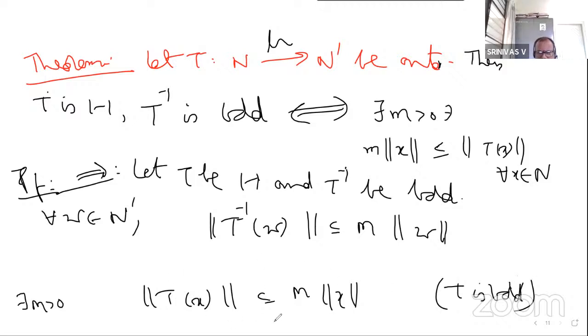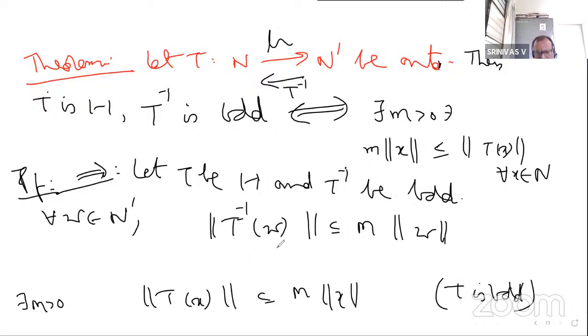You convert this in terms of T inverse. Where does T inverse act? It acts on W because T inverse acts on N dash. T maps N onto N dash, and T inverse takes N dash into N. So T inverse acts on this, and you take an element W here.